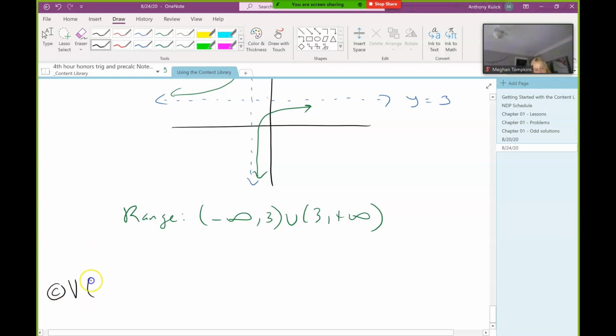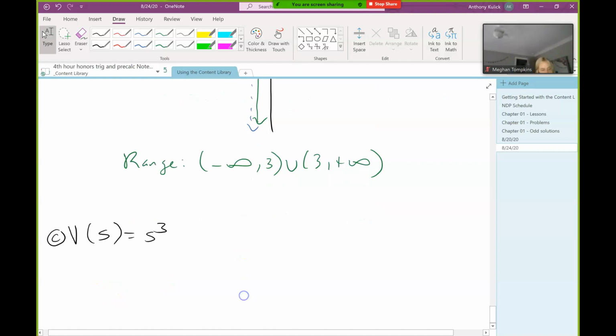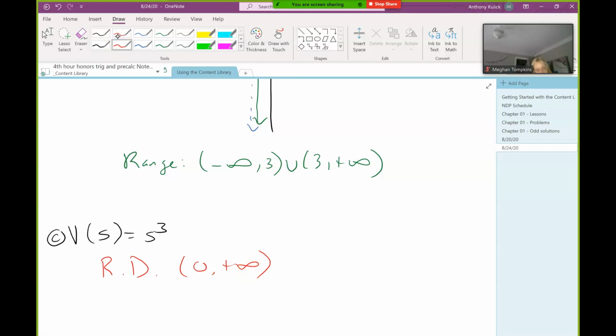And then our last one is the easiest one, I think, because we basically identified this. Anybody take a guess as to what the range is going to be?